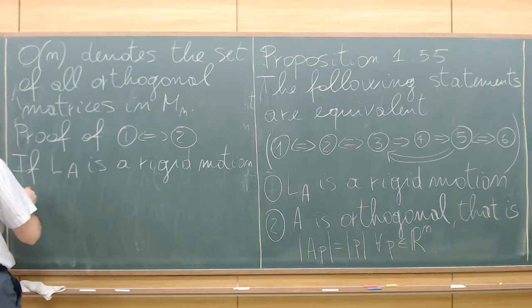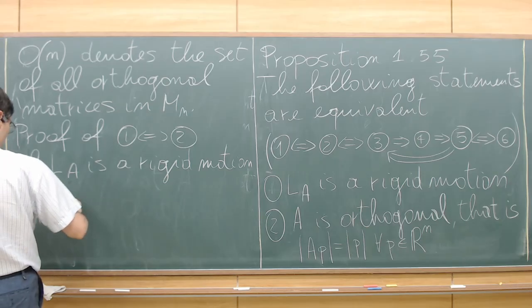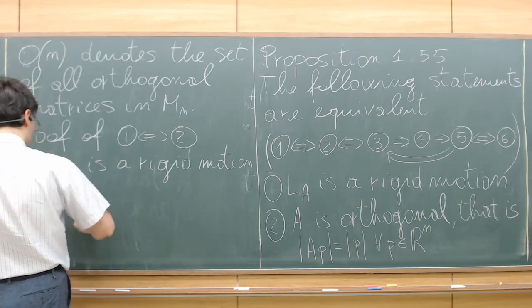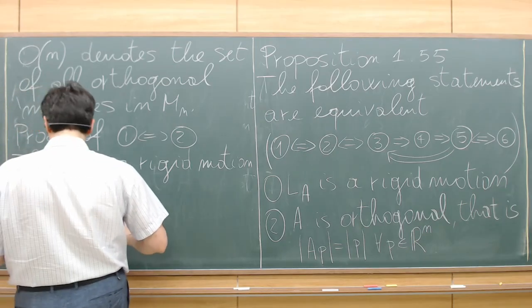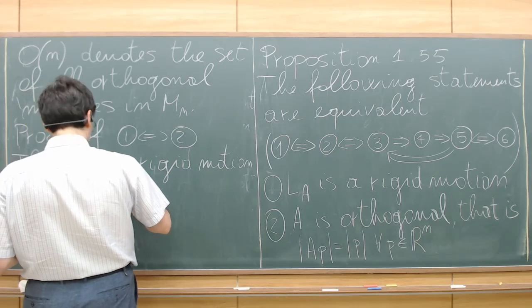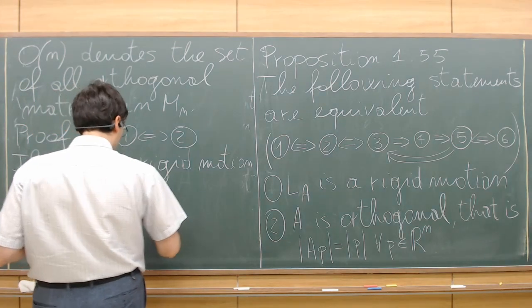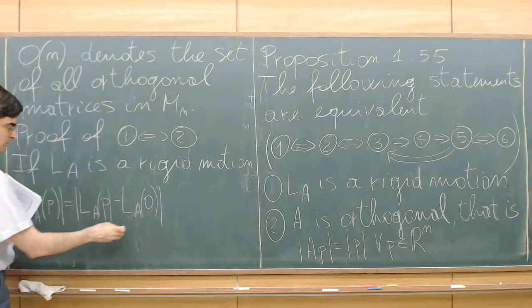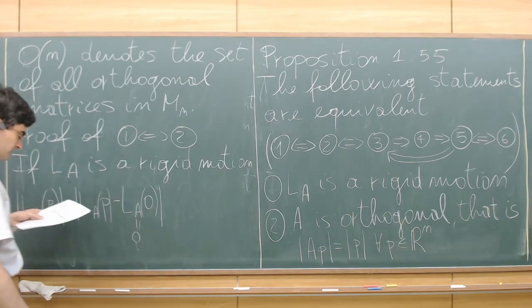So I can write what follows. Length of LA P. This can be written as the length of LA P minus LA of 0. This is clear because LA is linear, so this is 0, the 0 vector.